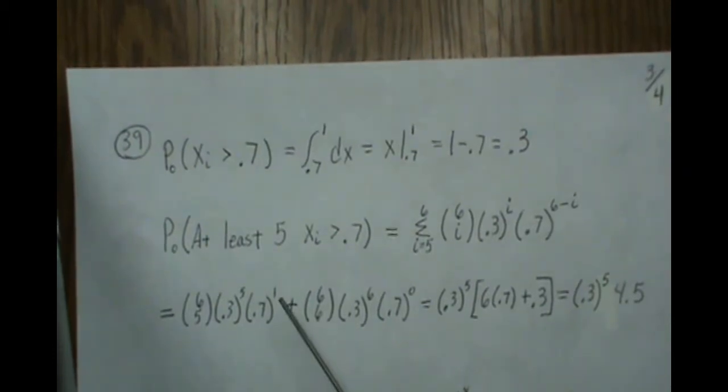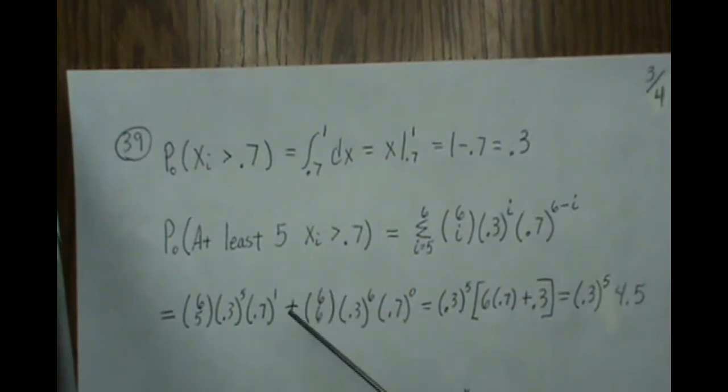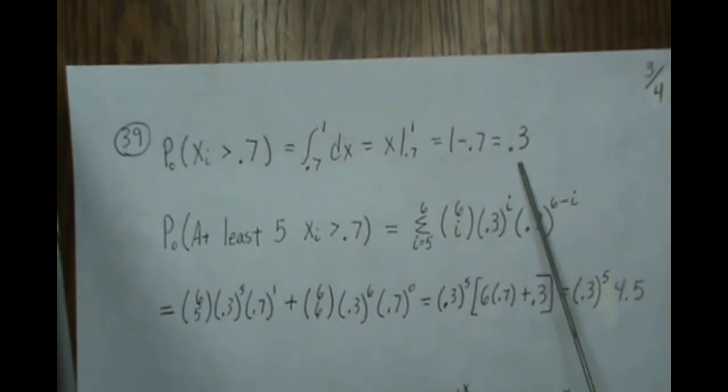So if we take a random sample of 6, what's the probability that at least 5 are greater than 0.7? That becomes a binomial because each one is independent, and the probability that any one of those is greater than 0.7 is 0.3.